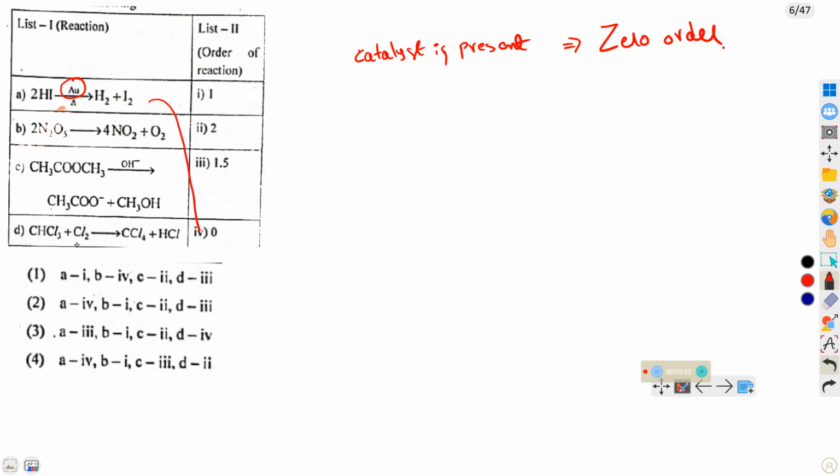And one more thing, example D. D is 1. CHCl3 reacts with Cl2. Then rate is equals to K into CHCl3 into Cl2 whole power 1 by 2. 1 plus 1 by 2, that is 1.5. A4 D3. Second option correct option.